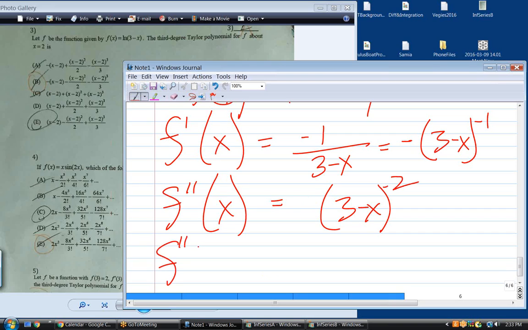And f triple prime: same thing happens. Minus 2 times the minus starts it out positive. We end up with 3 minus x to the minus 3 times the derivative of the inside. Every derivative has a negative sign in front of it.